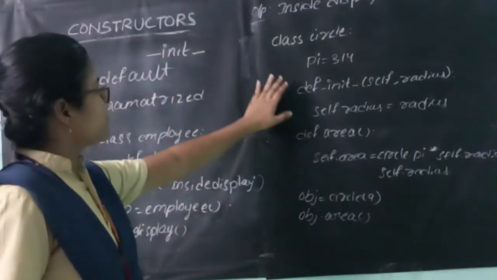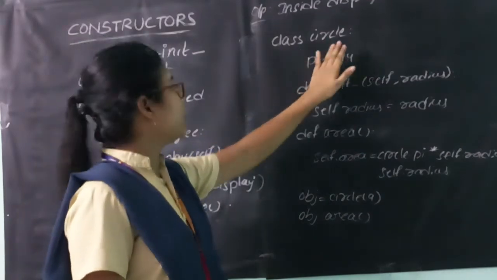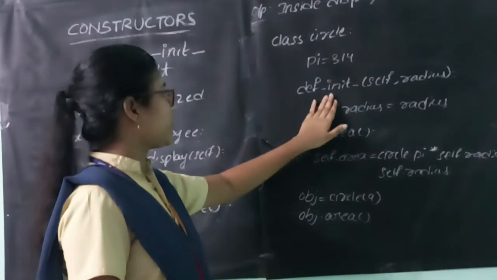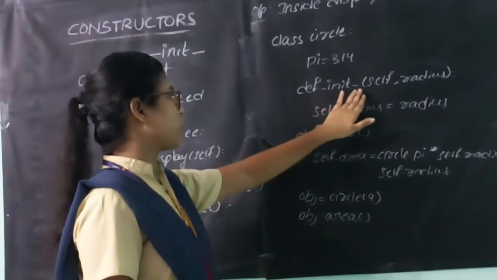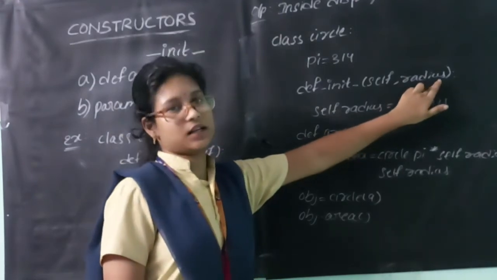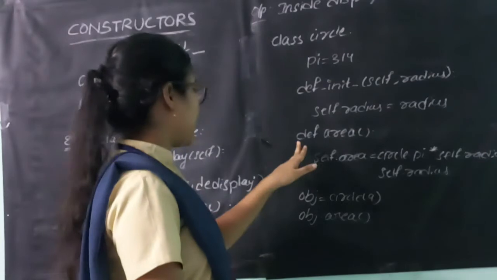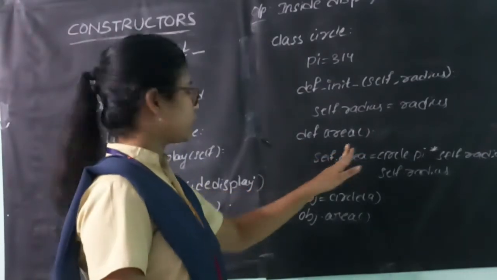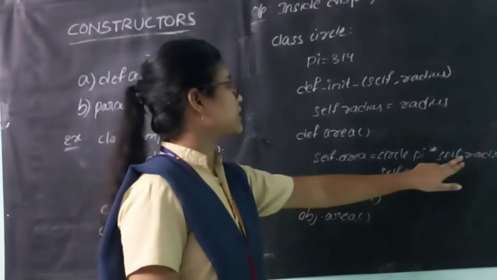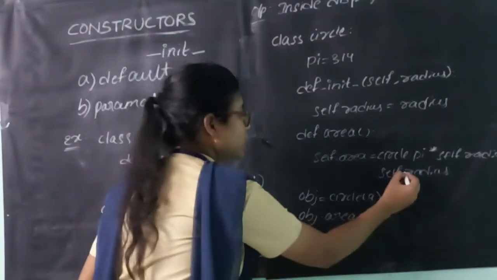Okay, let me explain you again. Here I take my class name as Circle and I give the pi value 3.14 and I define the radius, def __init__ of self comma radius. Here radius is the parameter that I have given and self dot radius is equals to radius, and here I defined area. Self dot area is equals to Circle dot pi star self dot radius star self dot radius.